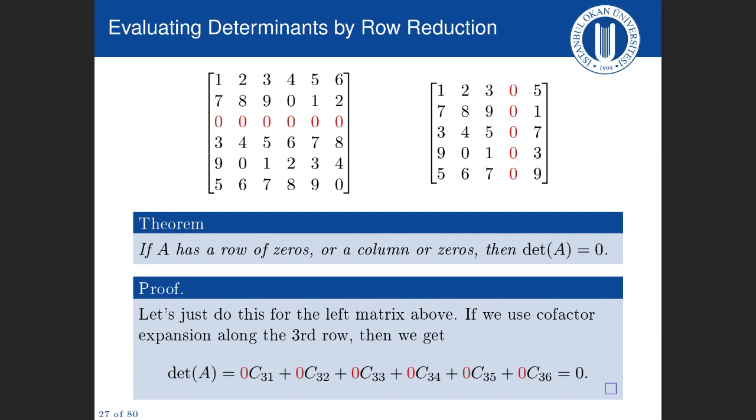If I do this cofactor expansion, it's 0C31 plus 0C32 plus 0C33 plus 0C34 plus 0C35 plus 0C36. So 0 plus 0 plus 0 plus 0 plus 0 plus 0, which is 0. The same idea we could use for any square matrix which has a row of zeros or a column of zeros.